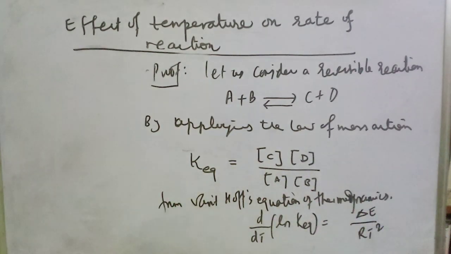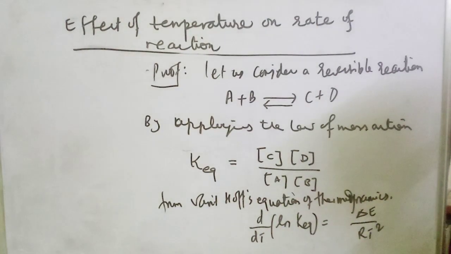This is the Van 't Hoff equation from thermodynamics. You must know this equation to prove the Arrhenius equation. For any reversible reaction, we can write the Van 't Hoff equation from thermodynamics: d/dT ln equilibrium constant is equal to ΔE/RT², where the symbols have their usual meaning.